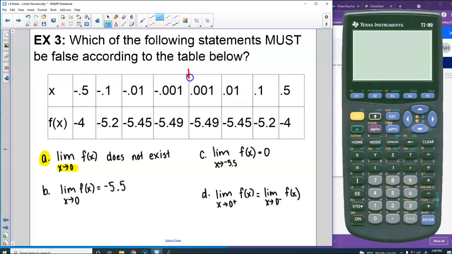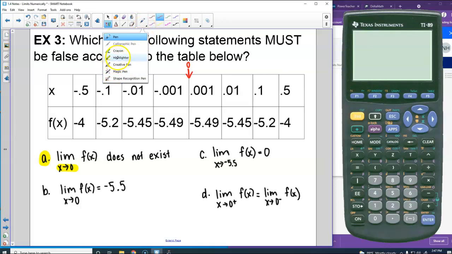So that's right here, right? And I'm looking to see that the y value does not exist. So it would be a case where from one side it equals one thing and from the other it does not equal something.